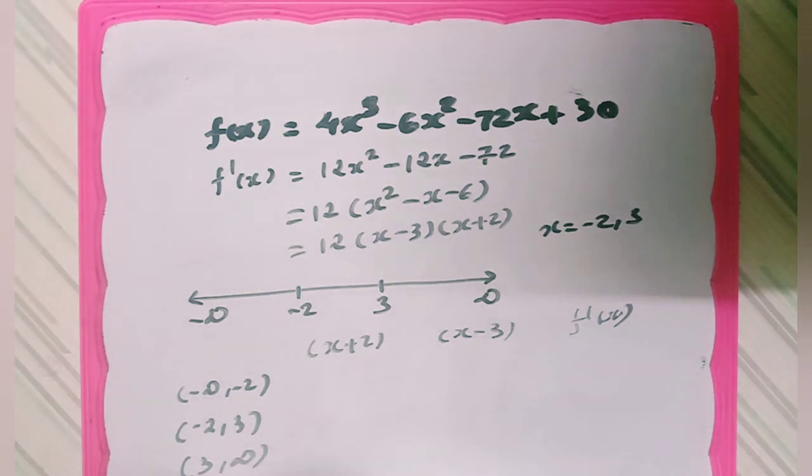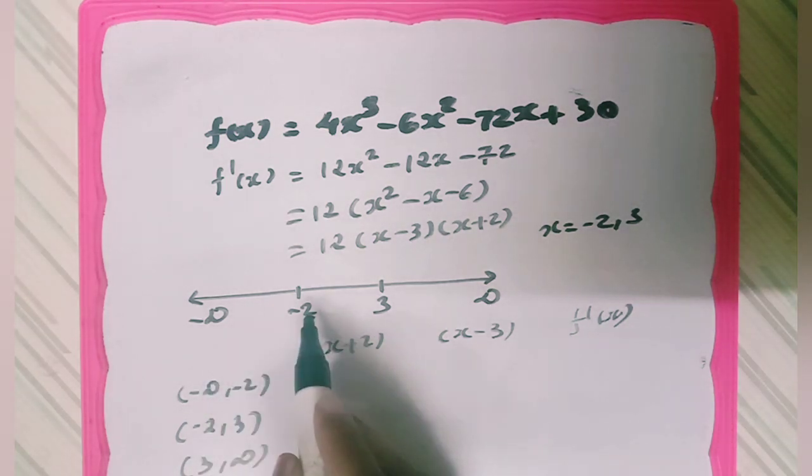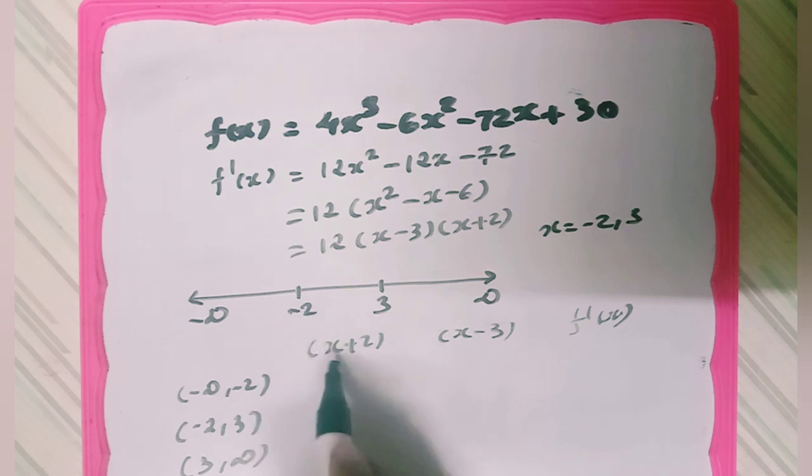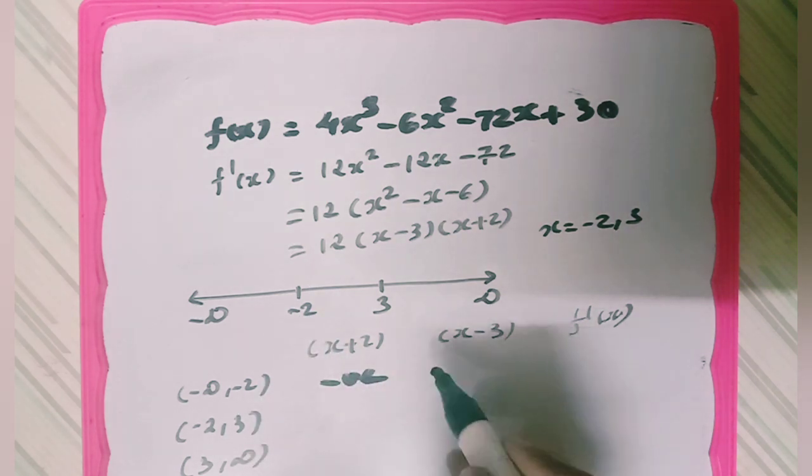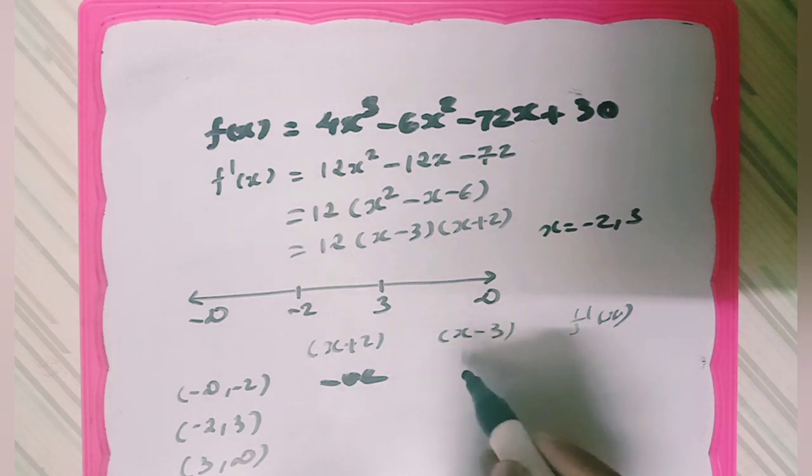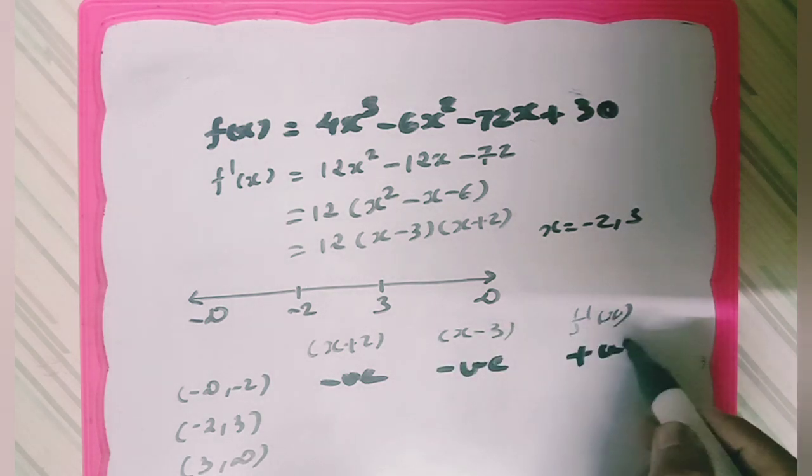In the interval minus infinity to -2, x - 3 and x + 2 are both negative, and we can take any value, it will be negative only, so the final answer is positive.